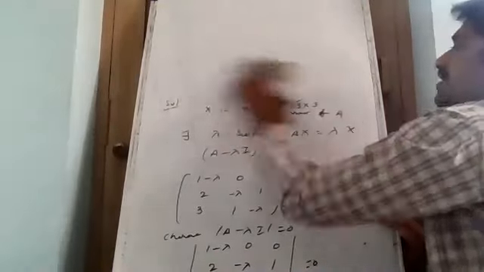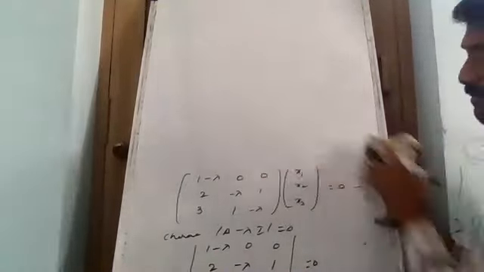So then what do we get? We get (1 minus lambda) into (minus lambda into minus lambda minus 1), which is (lambda square minus 1). The second element is 0 and the third element is 0.